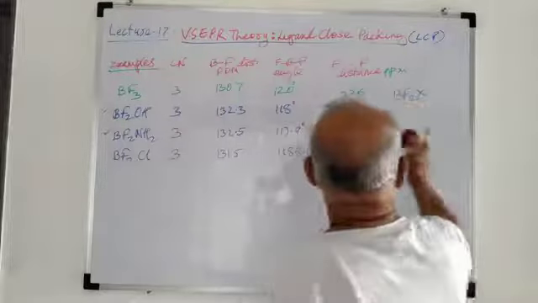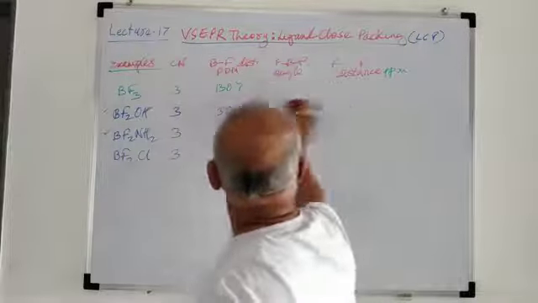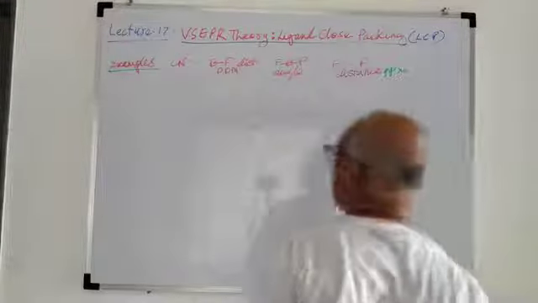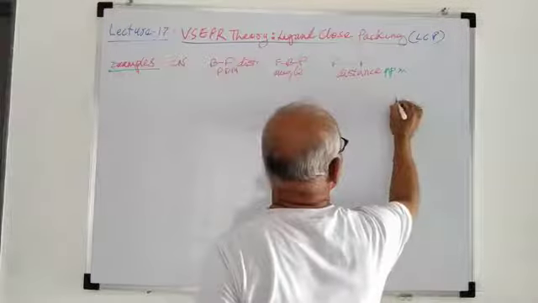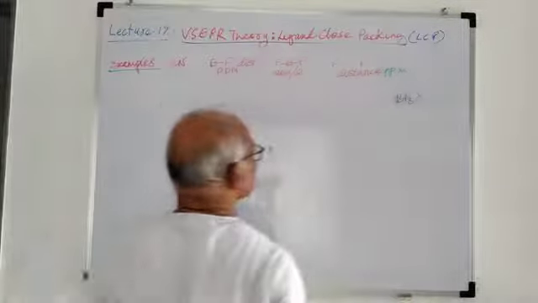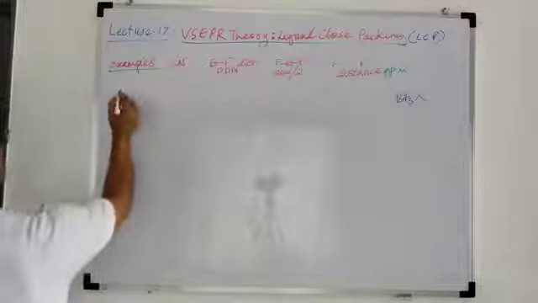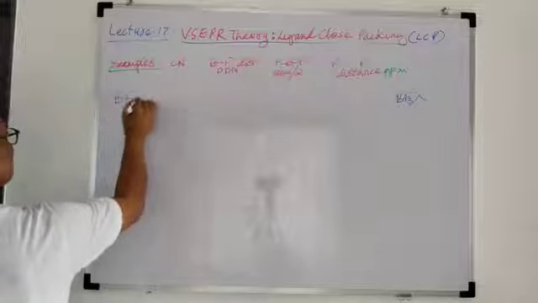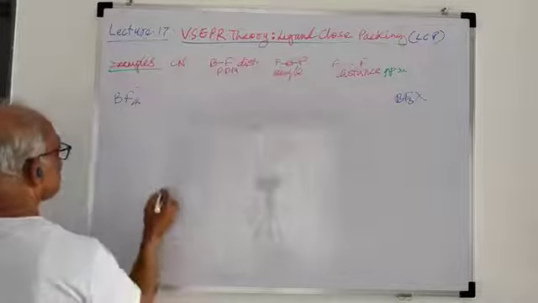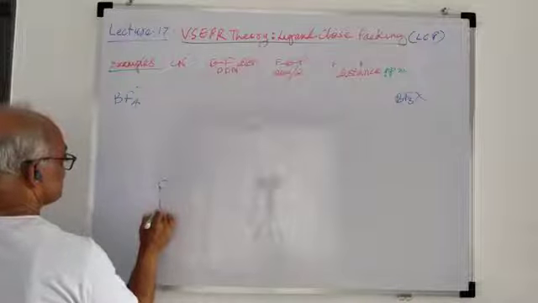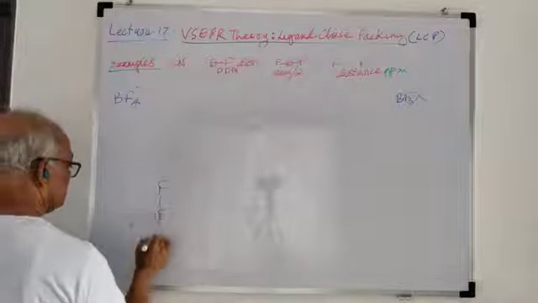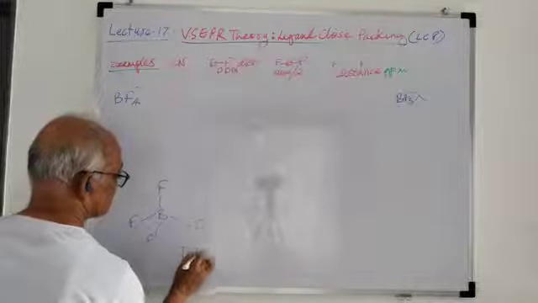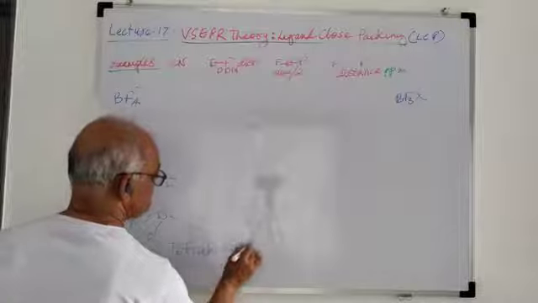Now we will see the examples of another type, that is BF3X. Here we will see the first example, that is BF4 minus. So the structure of this BF4 minus is like this. This is a tetrahedral structure.